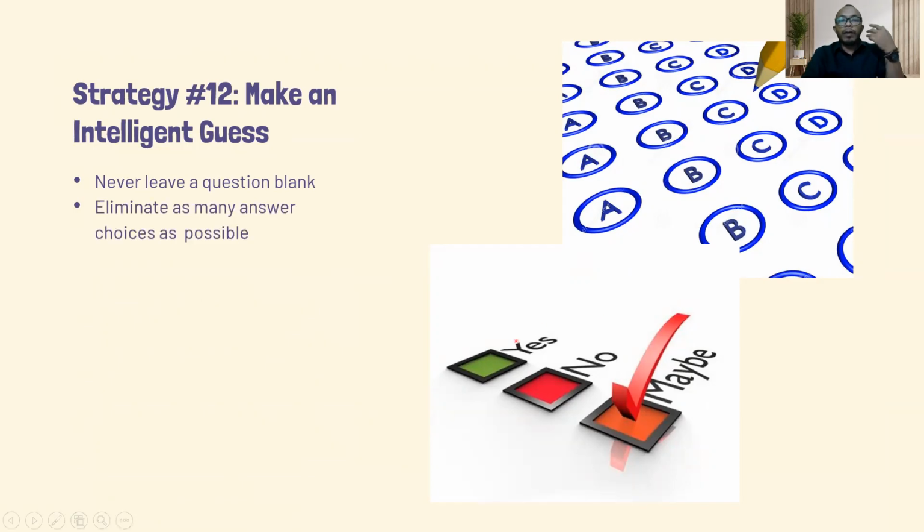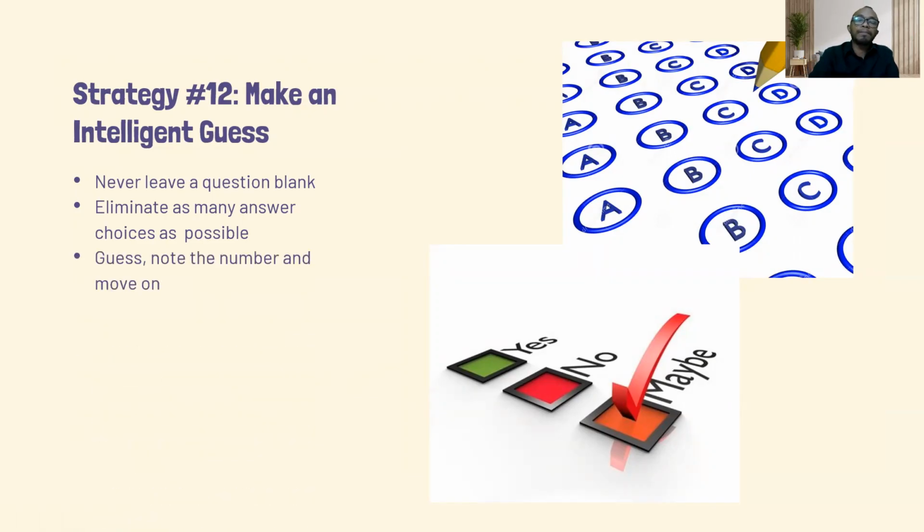Now, if you have no idea or you're not sure which is the correct answer to a question, then you should use the elimination strategy. You do this by eliminating as many answer choices as possible. So if you can see one of the four options is clearly wrong, you can eliminate that so that you have a higher chance of guessing the correct one.